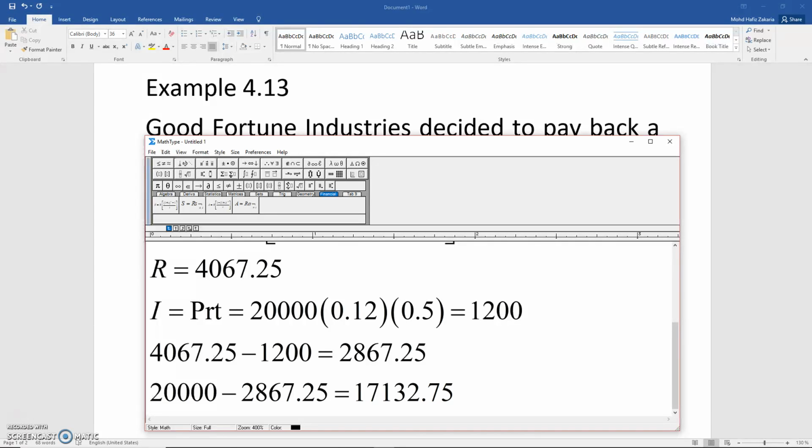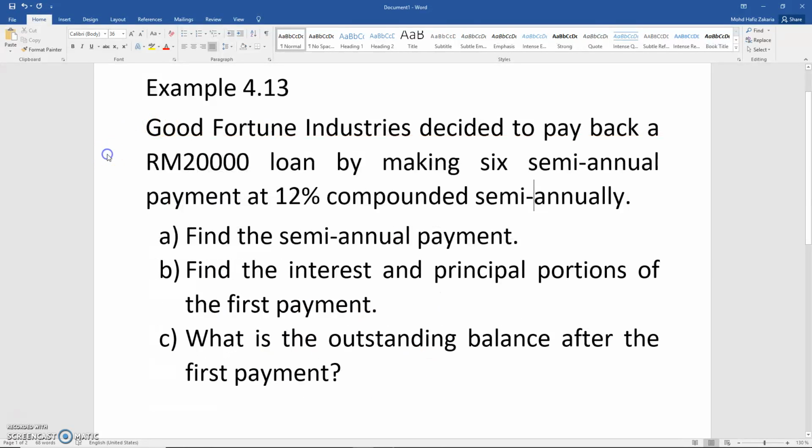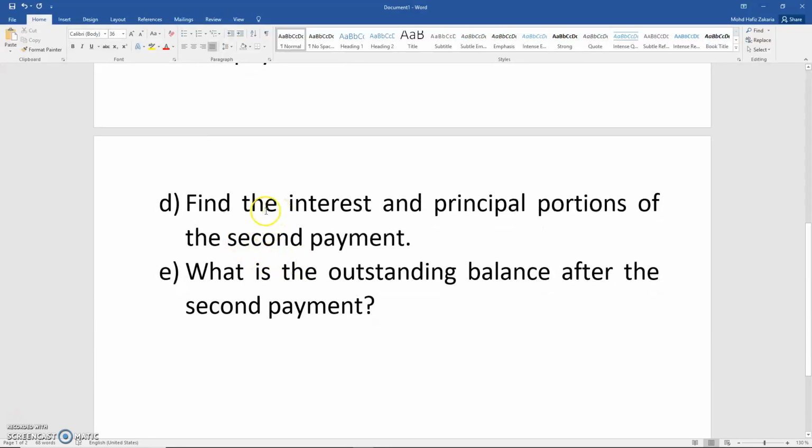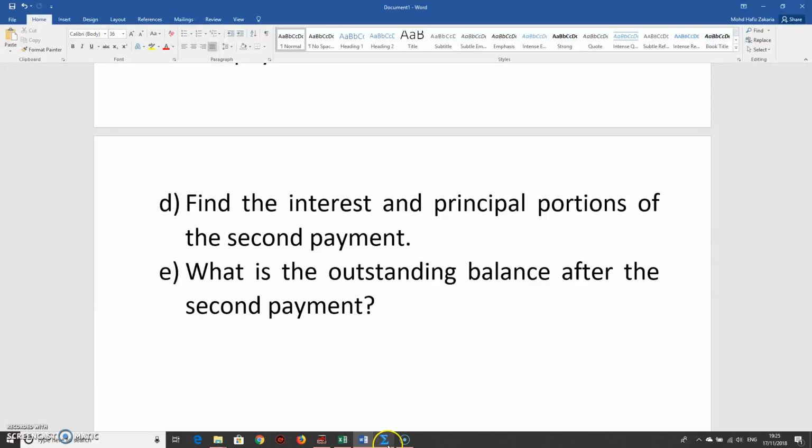This is the outstanding amount after the first payment. Now the next question is similar to the first, which is to find the interest and principal portion for the second payment and then the outstanding balance after the second payment. Let's do that.